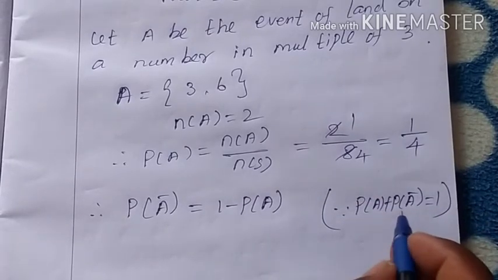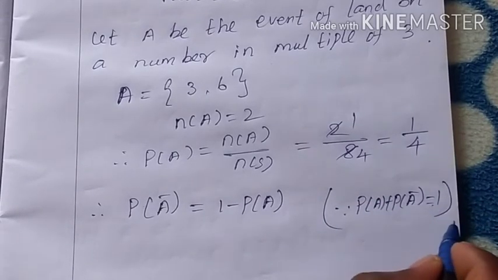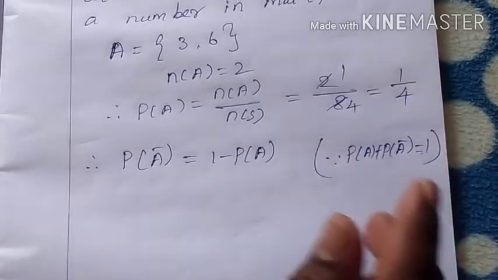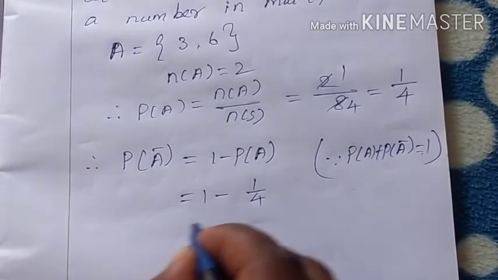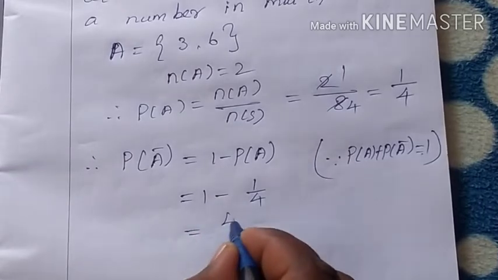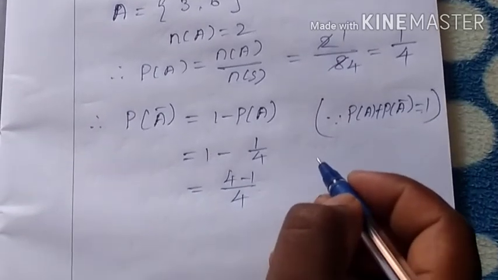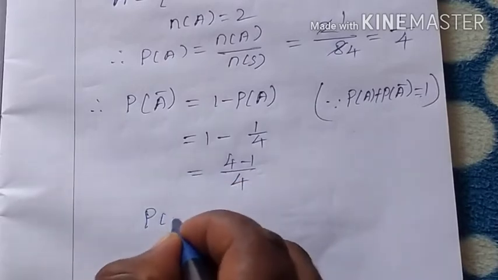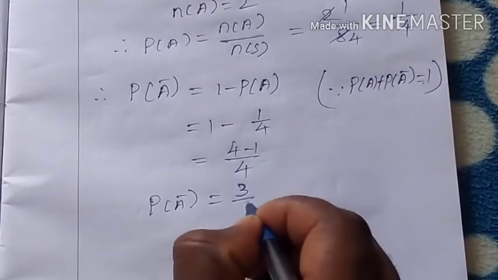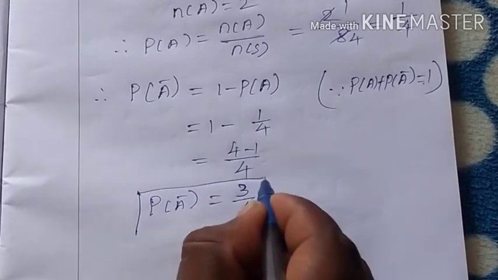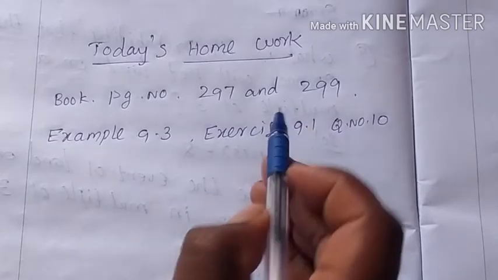Okay, the sum of the event and the complement event is equal to 1. So substituting the value, 1 minus P of A, which is 1 by 4, is equal to 4 minus 1 divided by 4. Then P of A complement equals 4 minus 1, which is 3 divided by 4. Okay, this is the required probability.